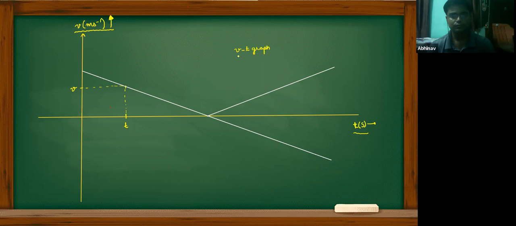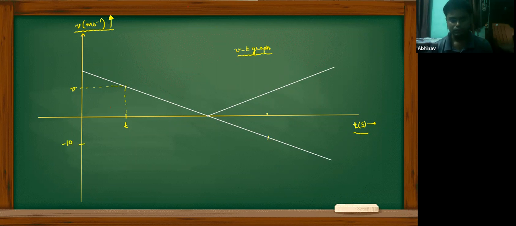At any instant of time t, what is the velocity of that object, that is what the velocity time graph gives us. Okay, this is our vt graph. And because we have already stated previously that velocity can be negative, but the speed is reported always positive, let's say here the velocity is minus 10 meter per second.